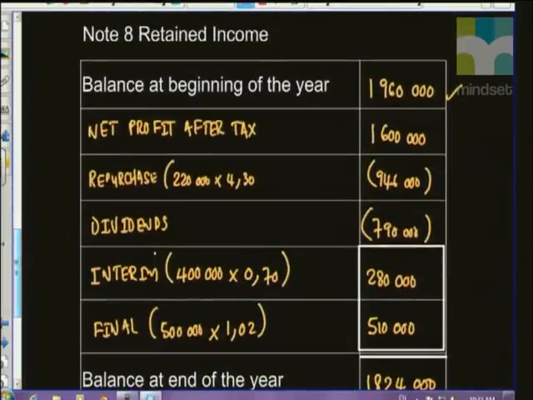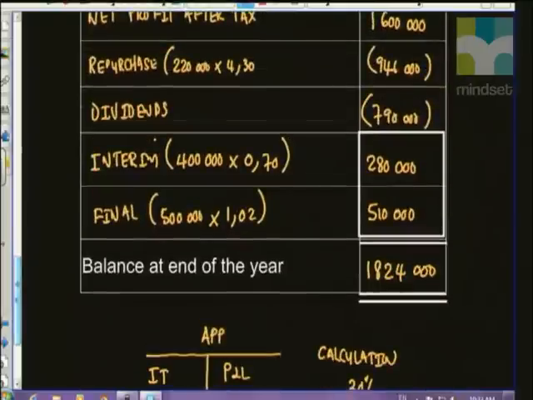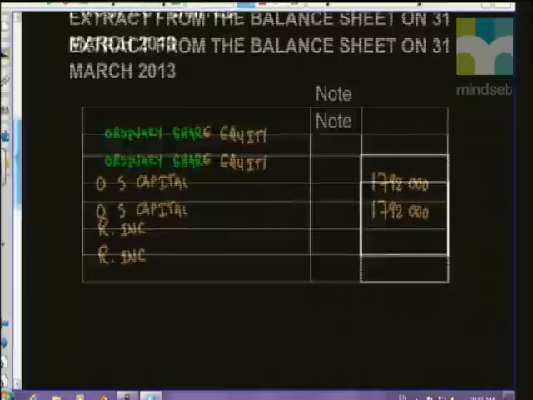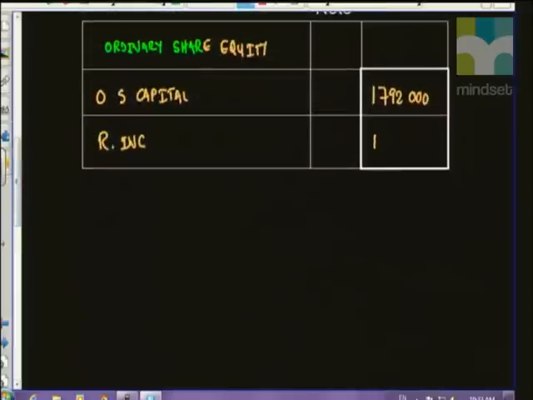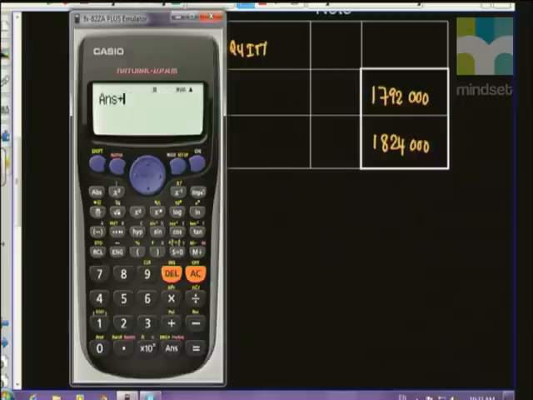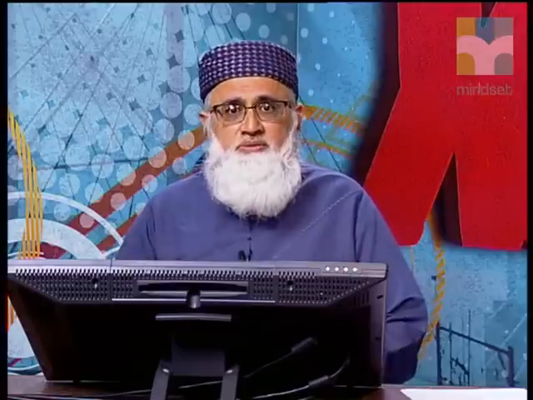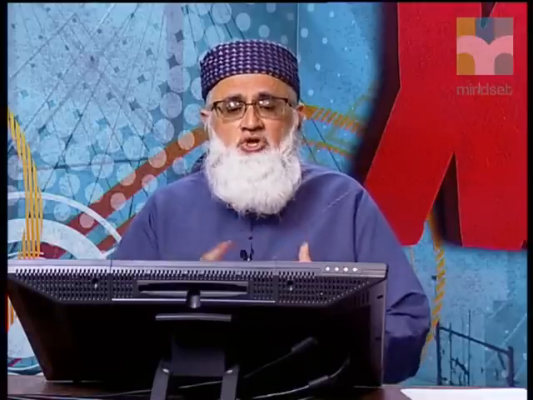Our retained income was 1,824,000. Therefore, let's slot in that figure. So these two figures added together would be 1,824,000 plus 1,792,000 to give me a figure of 3,616,000, and we are now done and dusted with the note, the face of the balance sheet as well as the notes.